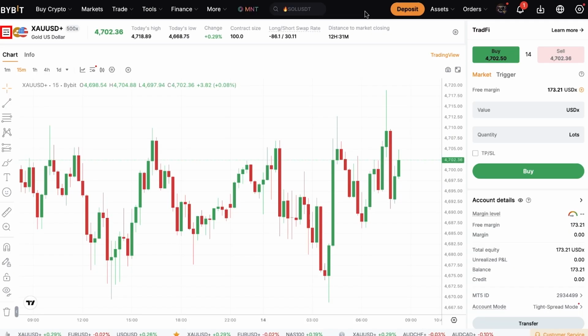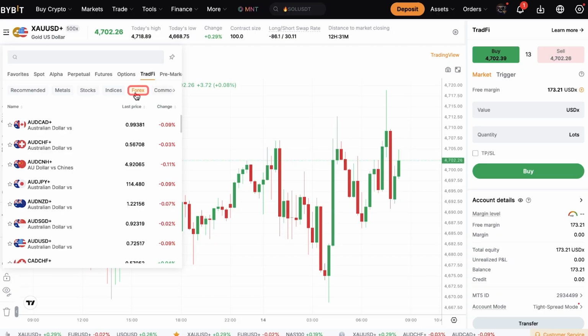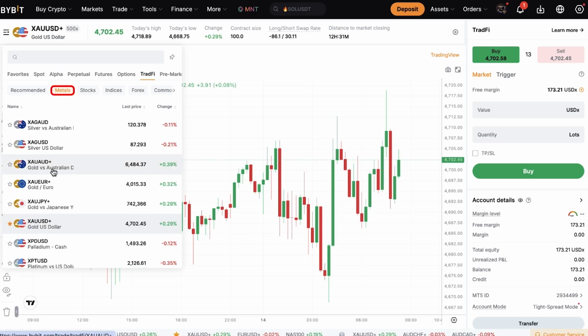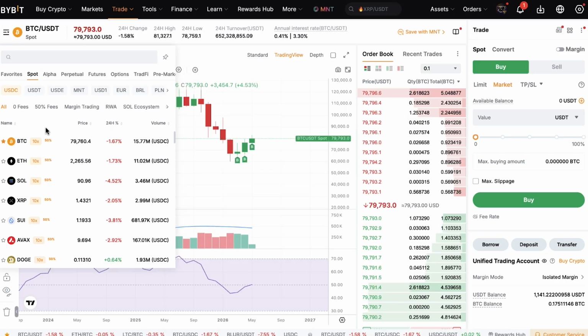On BYBIT you can nowadays do also TradFi trading, which means that you can trade forex, indices, stocks, metals like gold and silver and other ones, commodities, and also cryptocurrencies like Bitcoin, USDT, Ethereum and other ones.